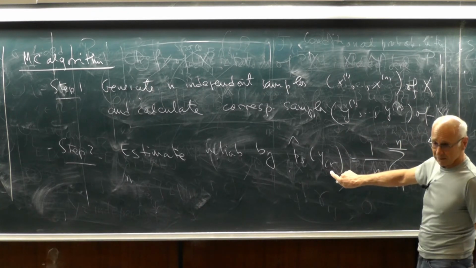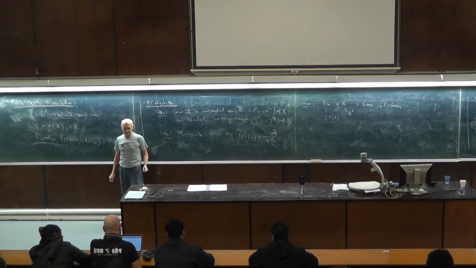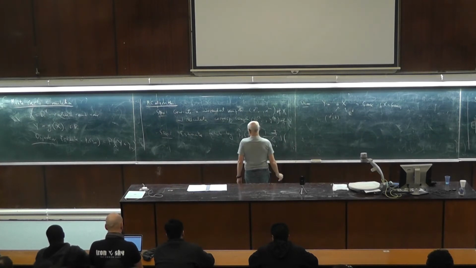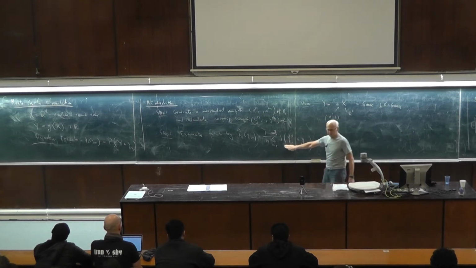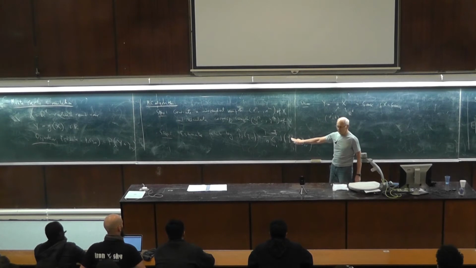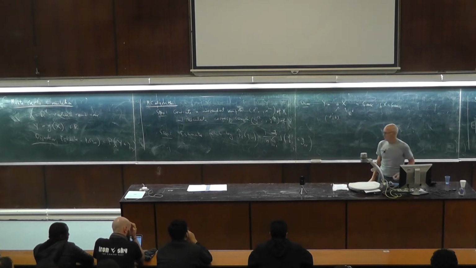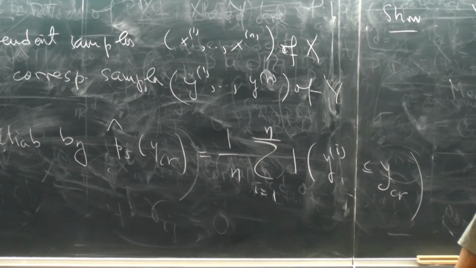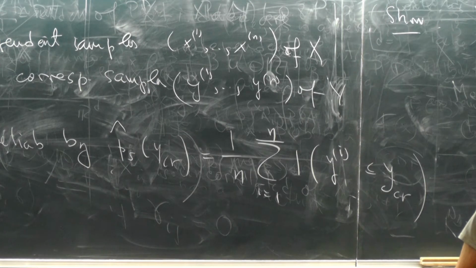Here it's y critical, exactly this, but I put a hat on top of it because it's an estimate. It's not the true value. By the following. Okay, so let me make sure that we understand this formula. This is an indicator function. That is, if the sample is smaller than the critical value, I have a 1, if not 0. So, for example, if n is 100 and say 50 out of 100 yi's are smaller than y critical, our probability estimate is 50%. Right?